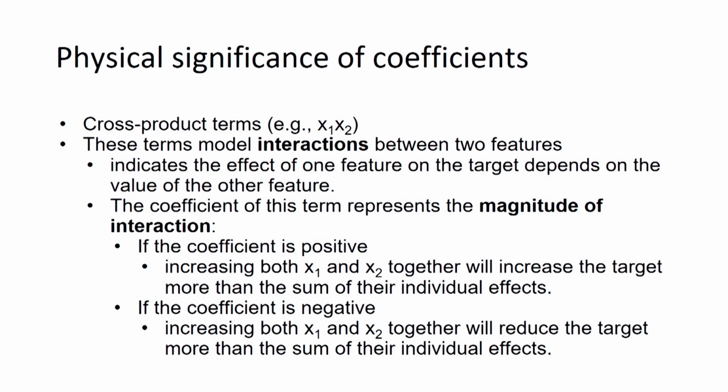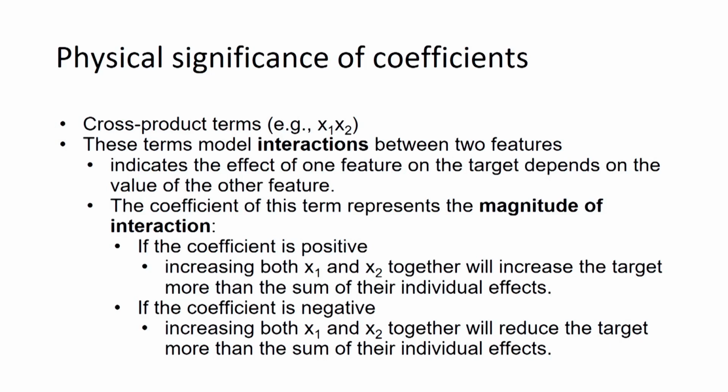Now we will see the physical significance of coefficients of cross product terms. Like in our model we may have y is equal to b naught plus b1 x1 plus b2 x2 plus b3 x1 x2. So what is the physical significance of b3, that is, the coefficient of x1 x2 or any product term?